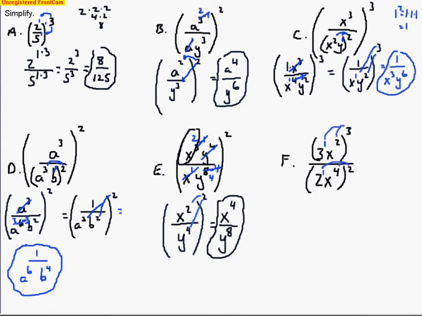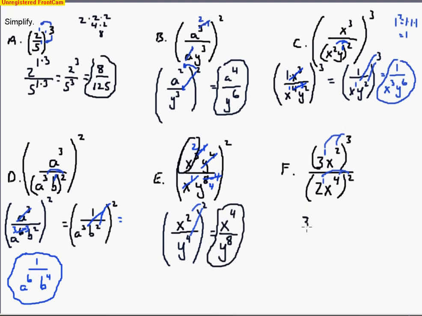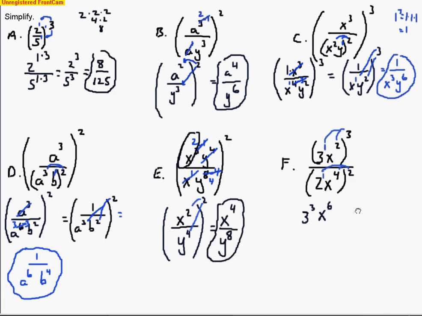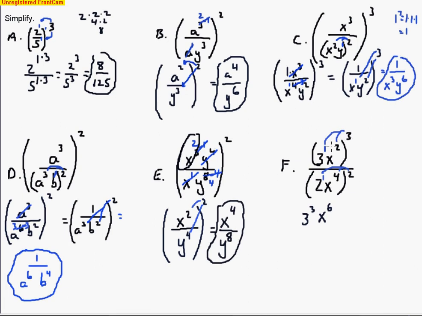So when I do that, I'm going to get a 3 to the third power, and then I've also got an x to the sixth power. So the way I got that was that I multiplied the 3 and the 1 and got 3. Multiplied the 3 and the 2 and I got 6 because it's 3 groups of what is in here.